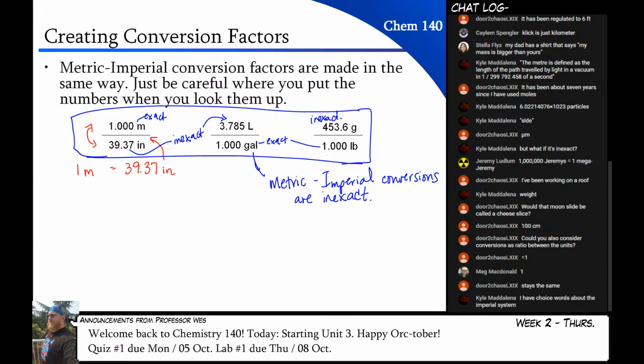Now, ultimately, that's going to lead to an interesting problem. And that problem is, well, Wes, if we're going to be looking up our conversion factors online, and then we're going to use those to take the quiz, how do we know that we're using the right number of sig figs for the quiz? And the answer is, I will tell you the number of sig figs to use for conversion problems, and that's how many you'll put in your answer.